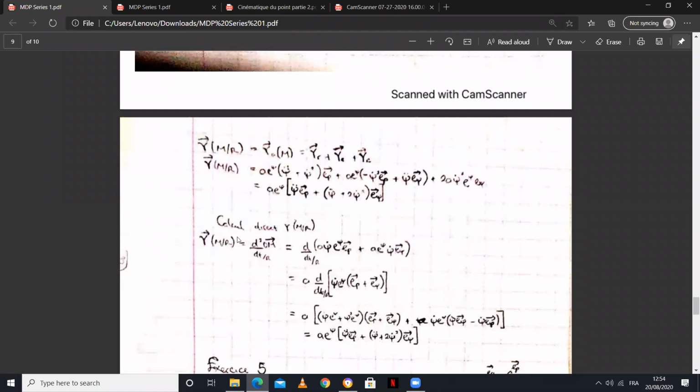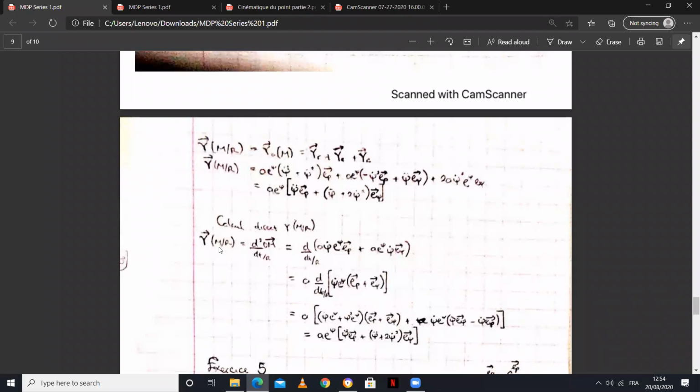There's also an alternative method. I don't know if it's longer or simpler. Je ne sais pas, ça dépend de vous. But when they ask you to calculate gamma absolu, instead of having to calculate gamma d'entraînement first, gamma Coriolis, then gamma relative, you just go directly, okay?